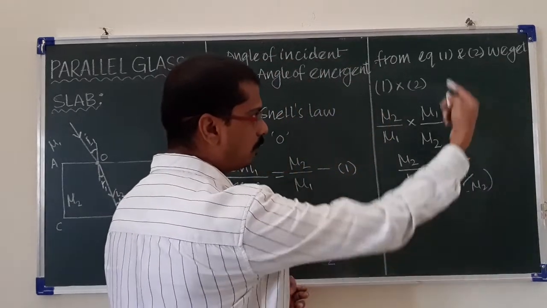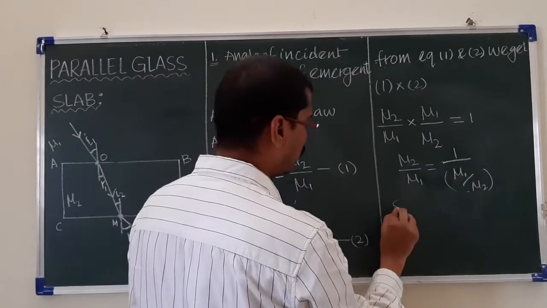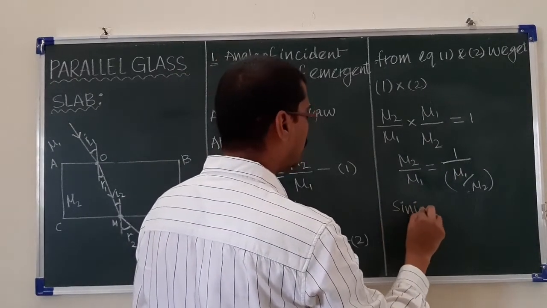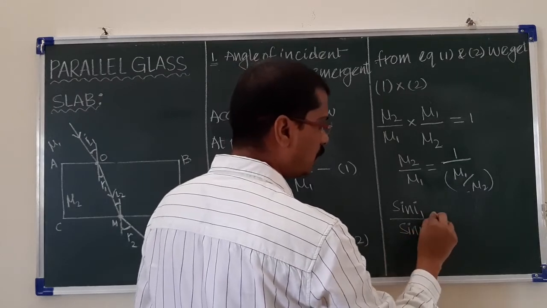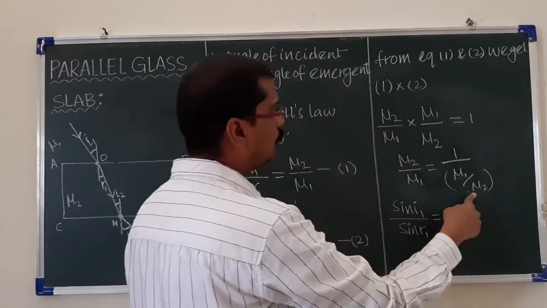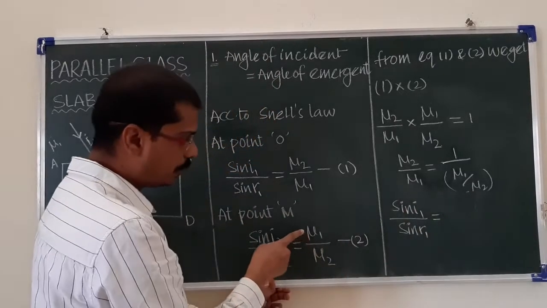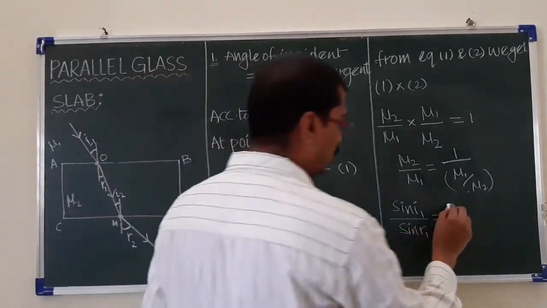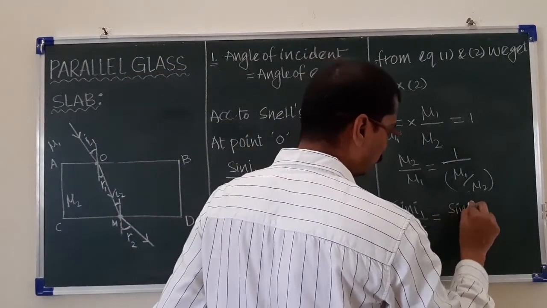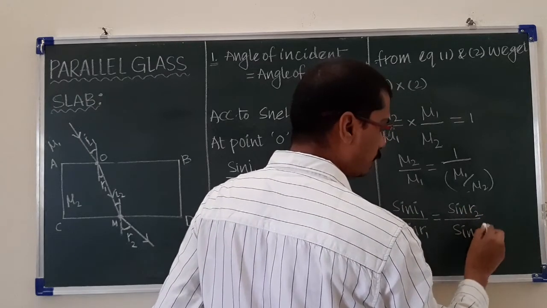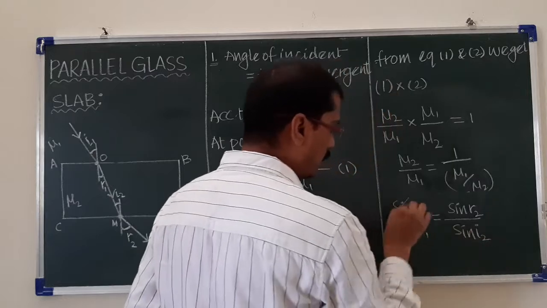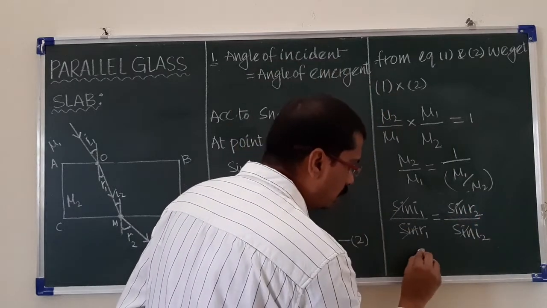Substitute these two values, equation 1 and equation 2. Equation 1 is sin I1 upon sin R1 is equal to mu2 upon mu1, and this is a reciprocal of sin R2 upon sin I2. Now this will be cancelled.